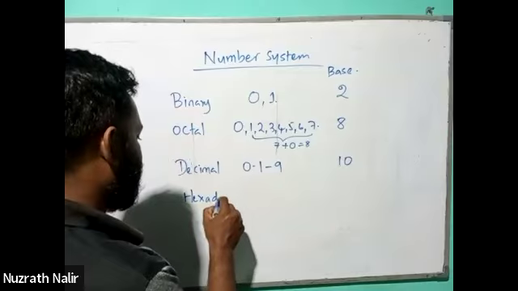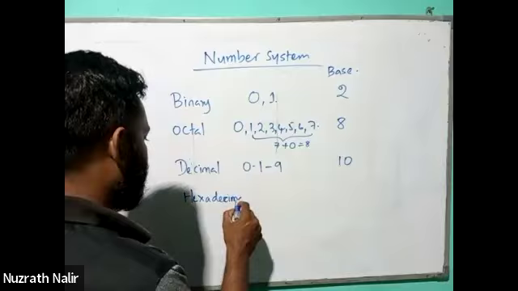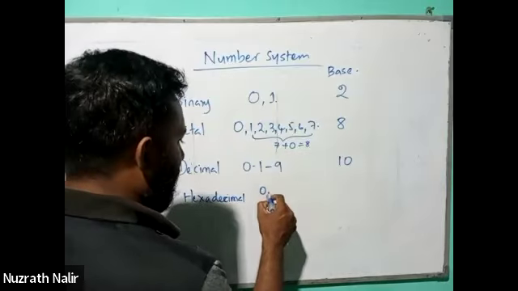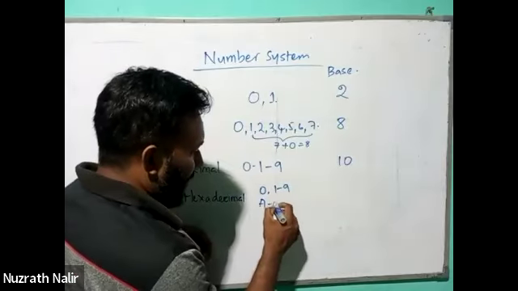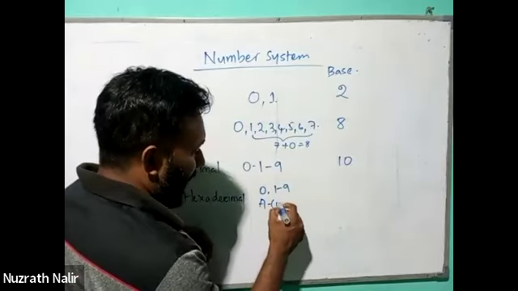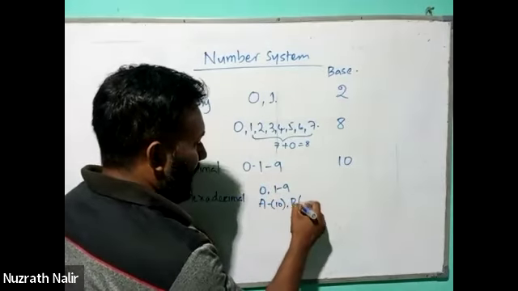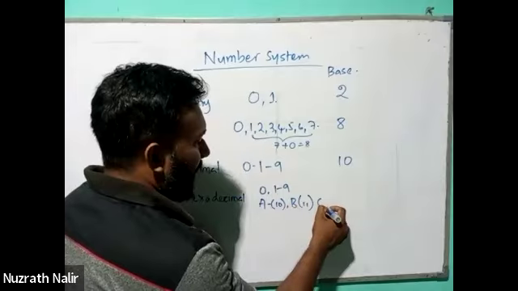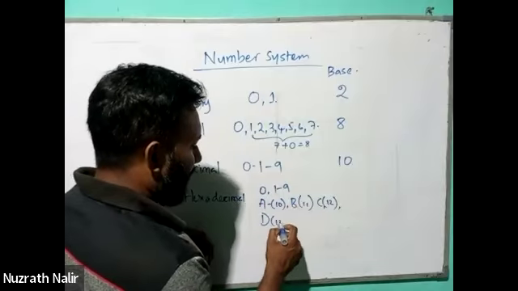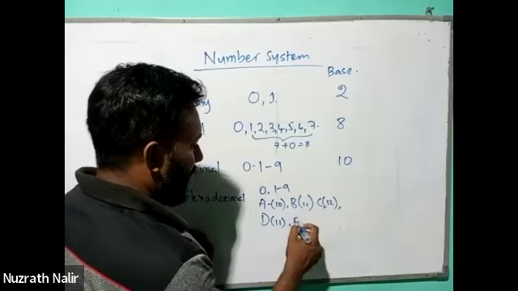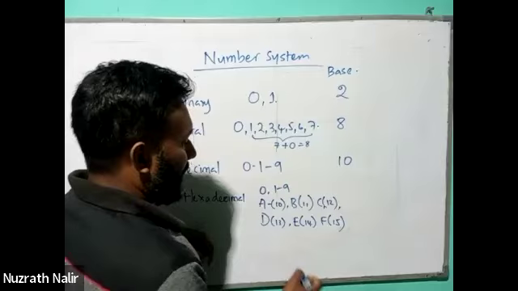Hexadecimal: 0, 1 to 9, altogether 10 numbers. A is equal to decimal 10. B is 11, C 12, D 13, E 14, F 15.